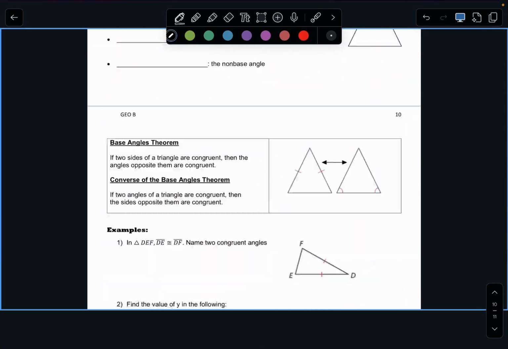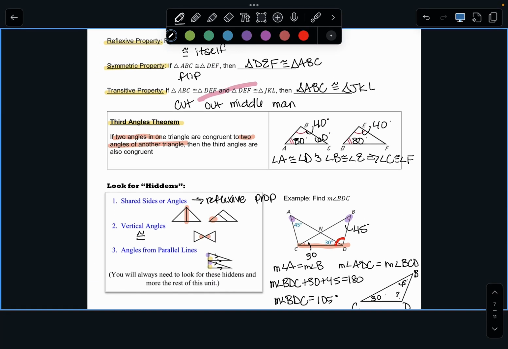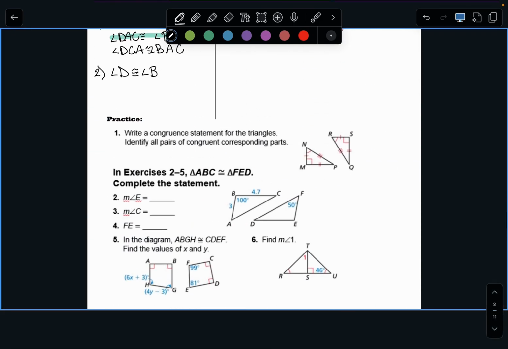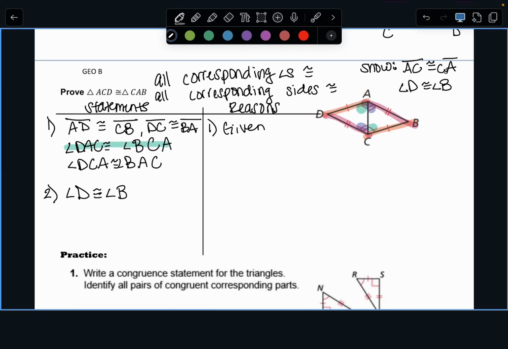So our very last theorem that we've gone over is this one, the third angles theorem. Let's see if it works. It says if we have 2 congruent angles, congruent to 2 other angles, then that third angle is also congruent. So down here, do I have 2 angles on the left that are congruent to 2 angles on the right? Yeah, we wrote that down.